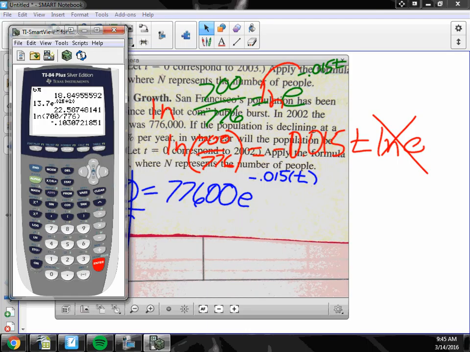Divide it by negative 0.015. So it's going to take 6.8 years. So supposedly in 2008, around September, that's what the population would have been.